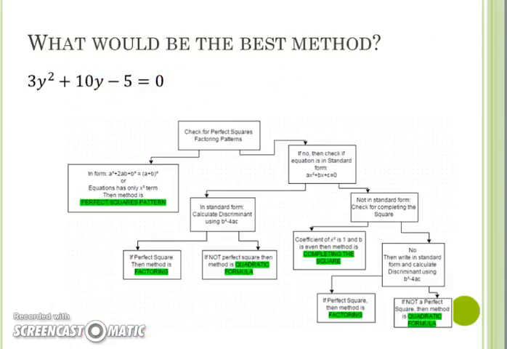Another quick example, which would be the best method. So again, going through, it's not in perfect squares pattern, so I'd go this route. It's in standard form, so I would go this route. If I calculate out the discriminant, so this is my next step to decide if factoring or quadratic formula would be the best method.